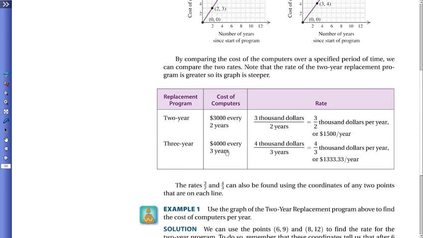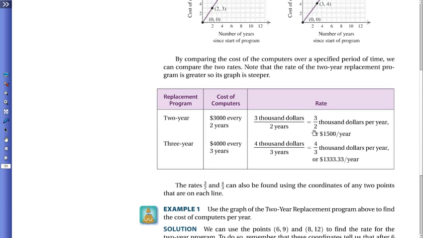In a 3-year plan, I get $4,000 every 3 years. So I ended up with $4,000 per 3 years, or 4/3 of $1,000 per year, or $1,333.33, or really 3 repeating because we have thirds per year.